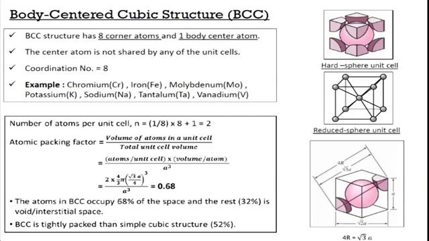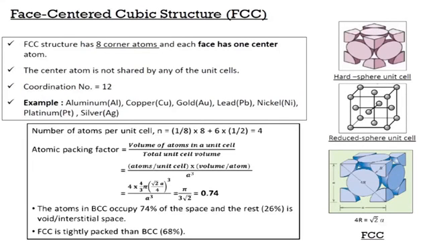Let us look at another structure, and that is the face centered cubic structure, FCC. In this case, you have the corner atoms which give 1/8 into 8, because you have 8 corner atoms, and then you have atoms at each face center.